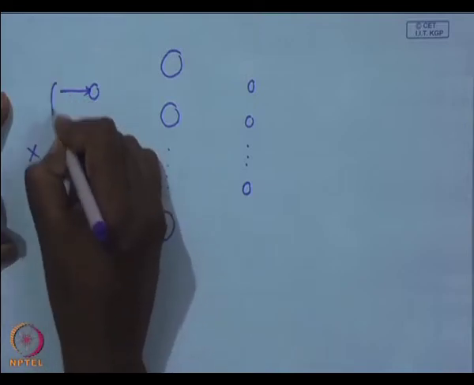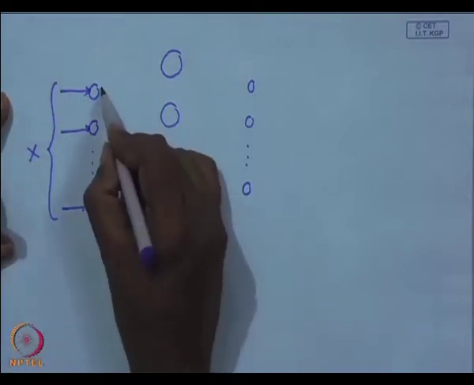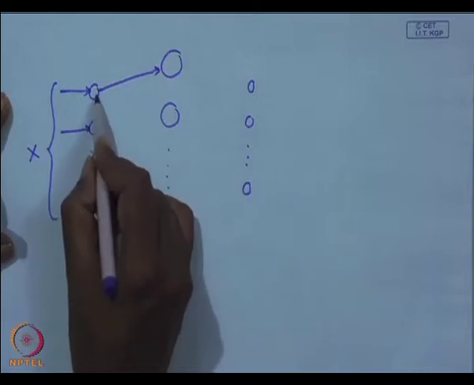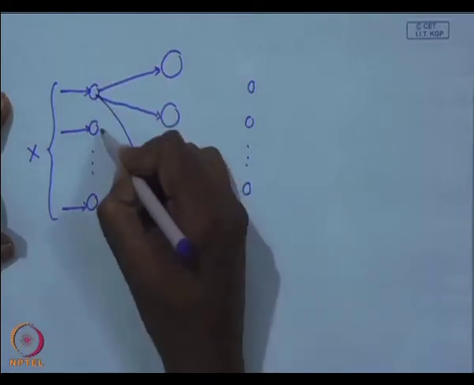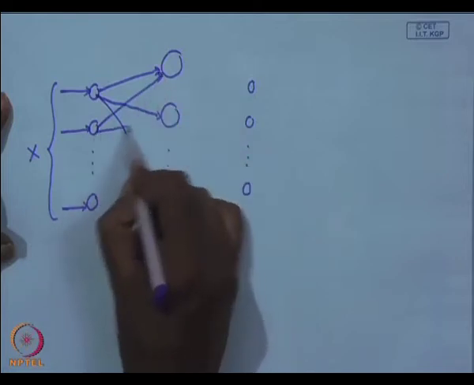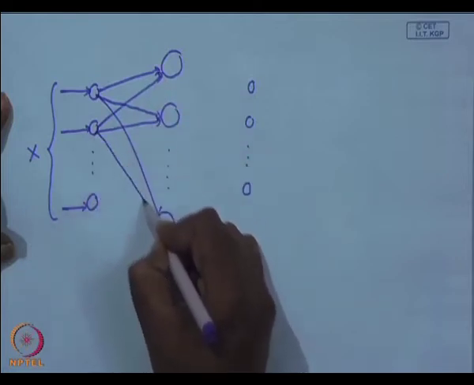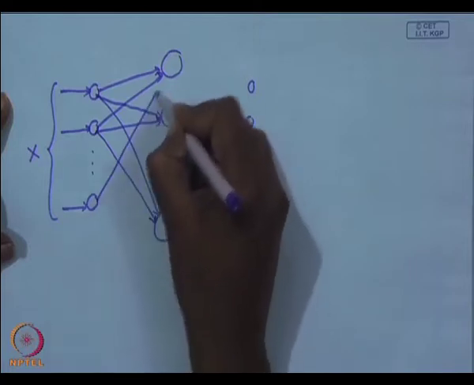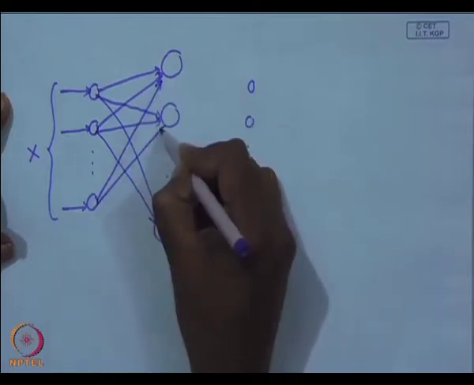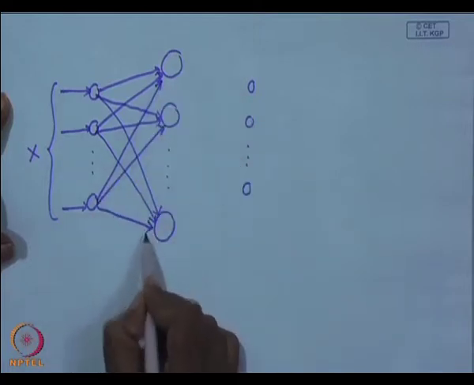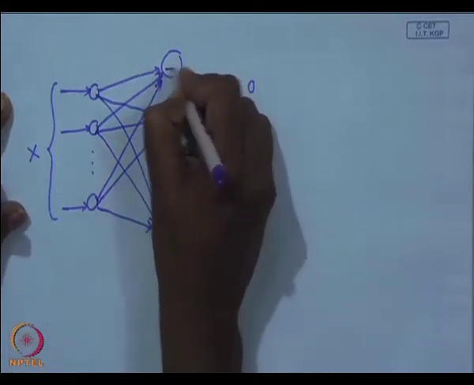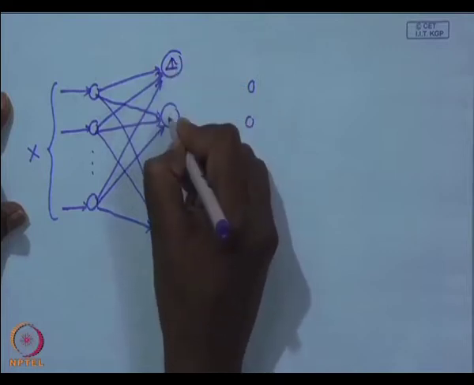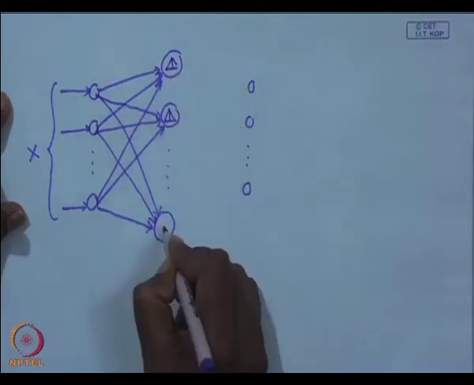So, here I feed x, which is fed to the hidden layer nodes through connection weights, which are 1, and outputs of these hidden layer nodes are my radial basis functions.